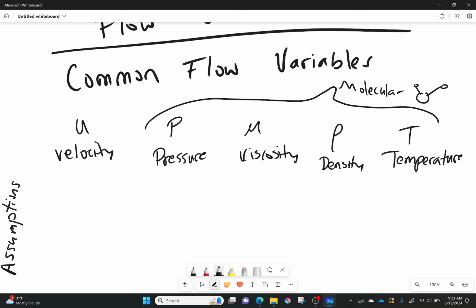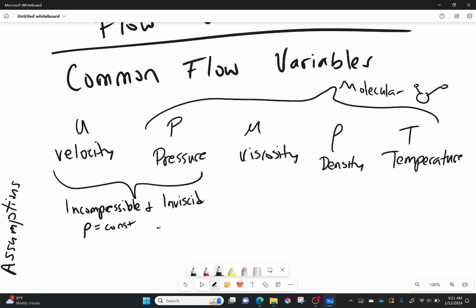Now, the first two that we're going to run into is what's called incompressible and inviscid. What does that mean? Well, don't worry about that too much yet because we're going to talk about that a lot later. But at its basic, this is saying that my density is equal to a constant and my viscosity is equal to 0.